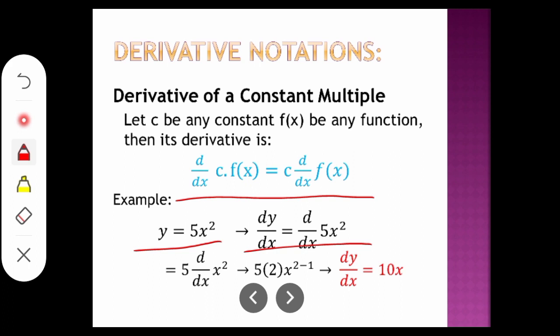We need to use the formula for constant multiples. So dy over dx equals d with respect to x of 5x squared. We factor out our 5, and we get 5 times d with respect to x of x squared.